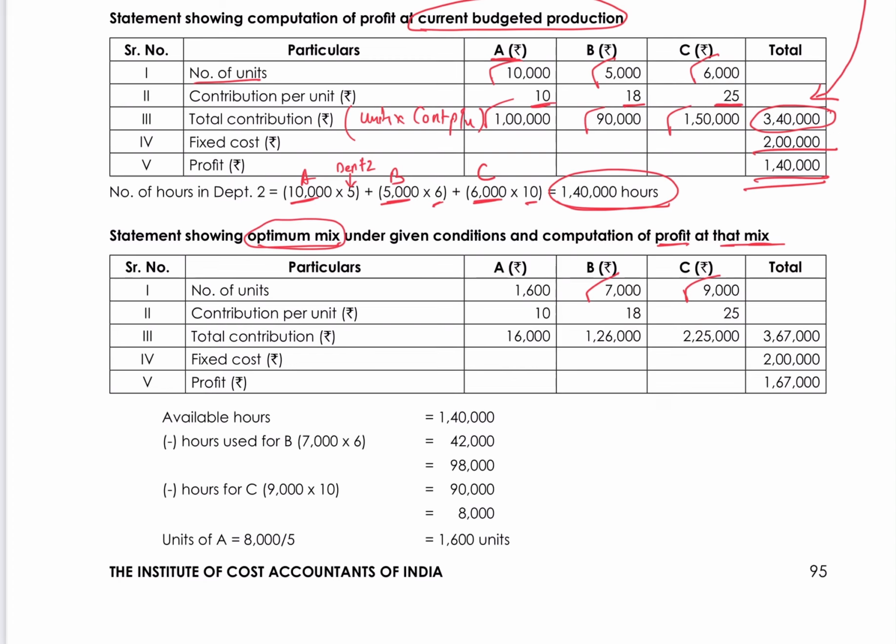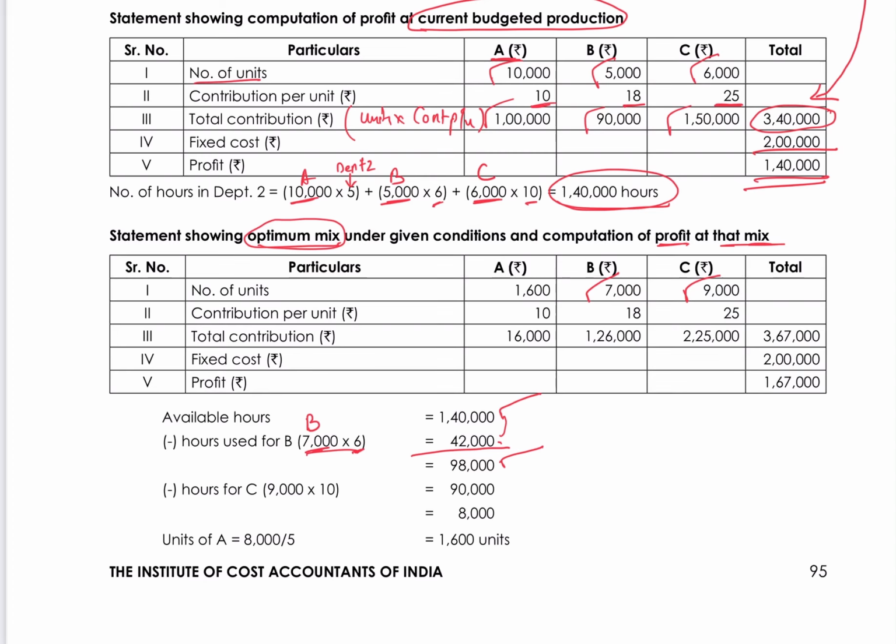But now we are changing the mix. So we have 1,40,000 hours available and we give highest priority to product B. We want to make 7,000 units of B at 6 hours each. 7 times 6 is 42, so 42,000 hours from 1,40,000 is gone for product B. So 98,000 hours are available for A and C.